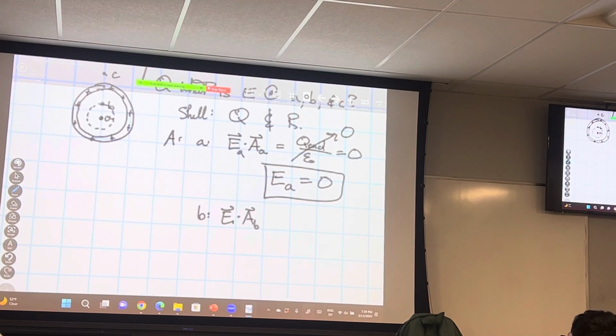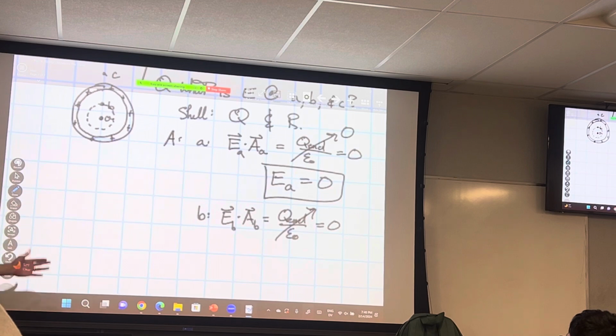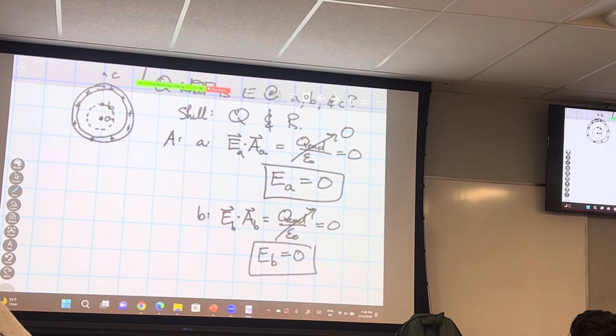So that's A. What charge is enclosed in that sphere? 0. Right, 0. But the area is not 0, meaning what does the electric field have to be? This means the electric field has to be 0.